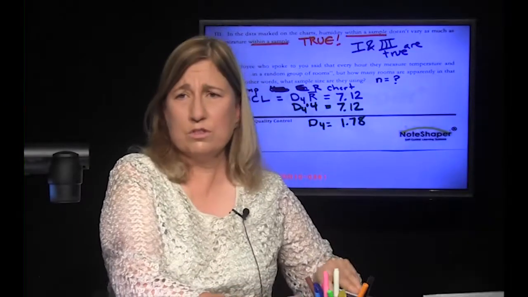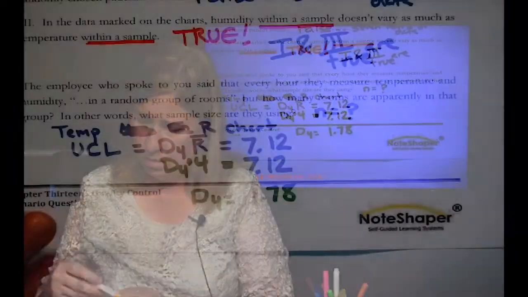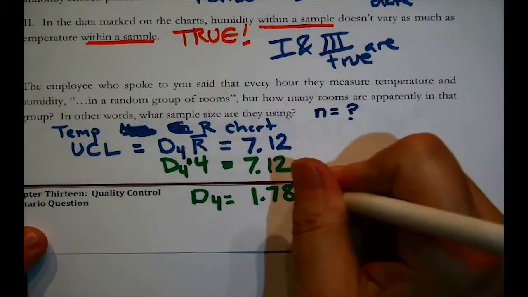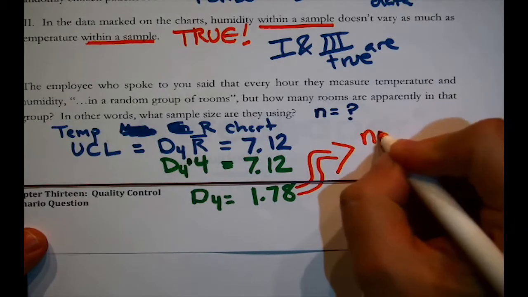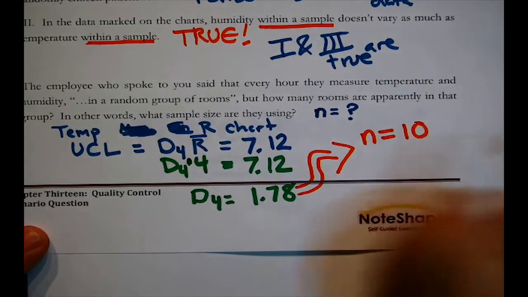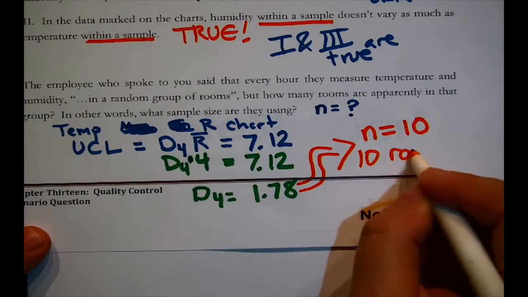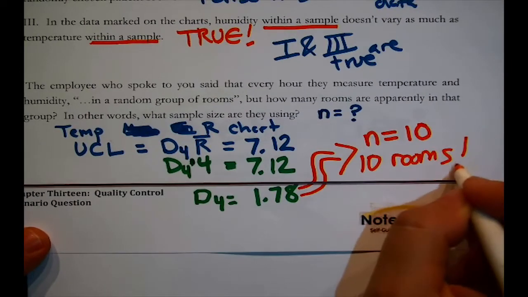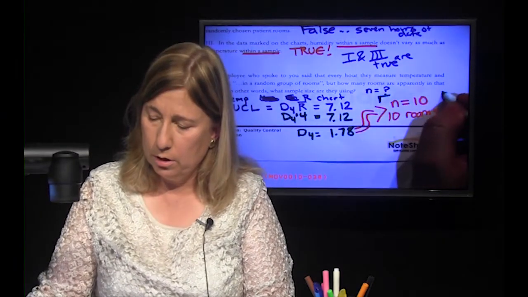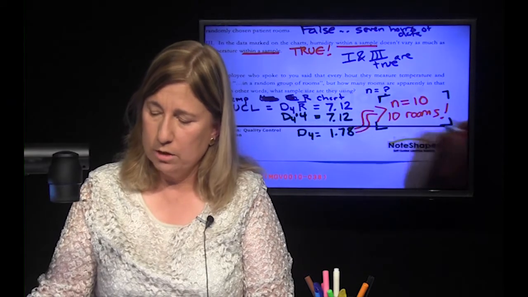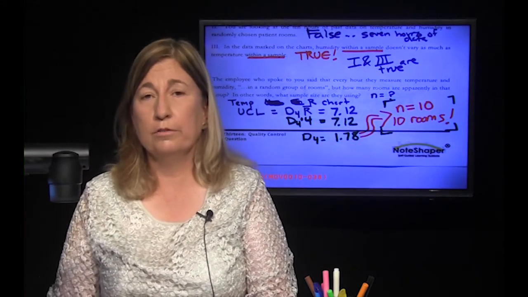If they thought that was the correct row, then D4 corresponds to a sample size of 10 when they go forth and measure temperature and humidity in their group of randomly selected rooms. Apparently that's a group of 10 rooms.